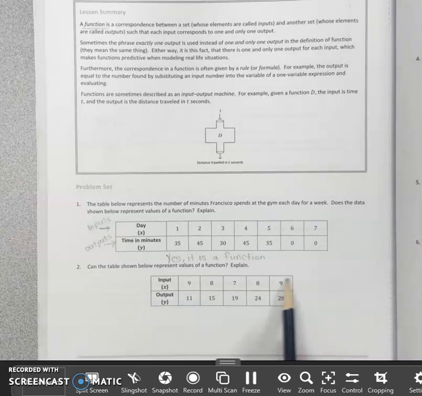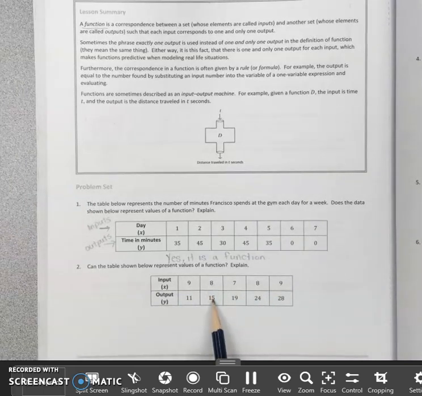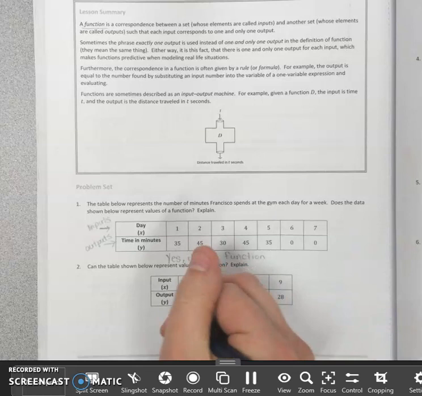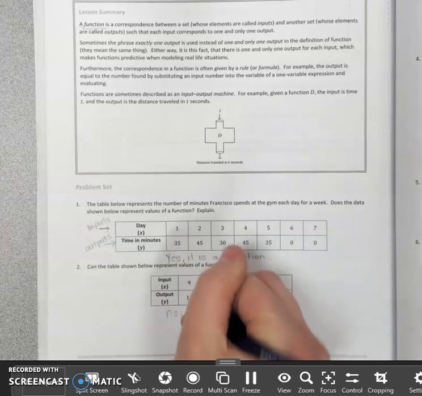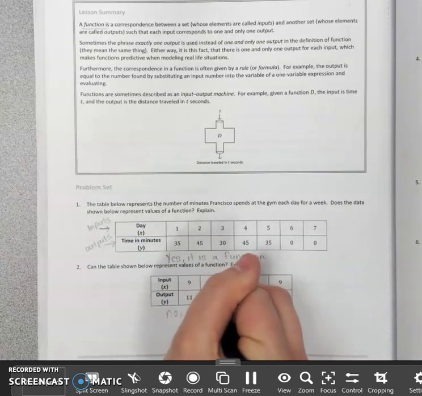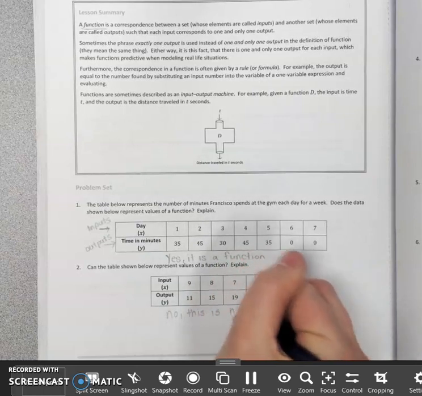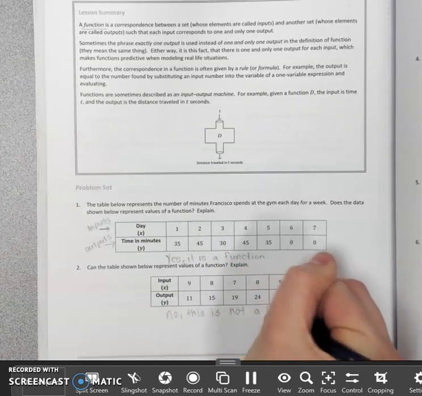So that's not unique. And then same thing with the 8s here. You can't input 8 and get 15, input 8 again and then get 24. That's not a function. So, again, for the sake of saving time, I'm going to put no, this is not a function.